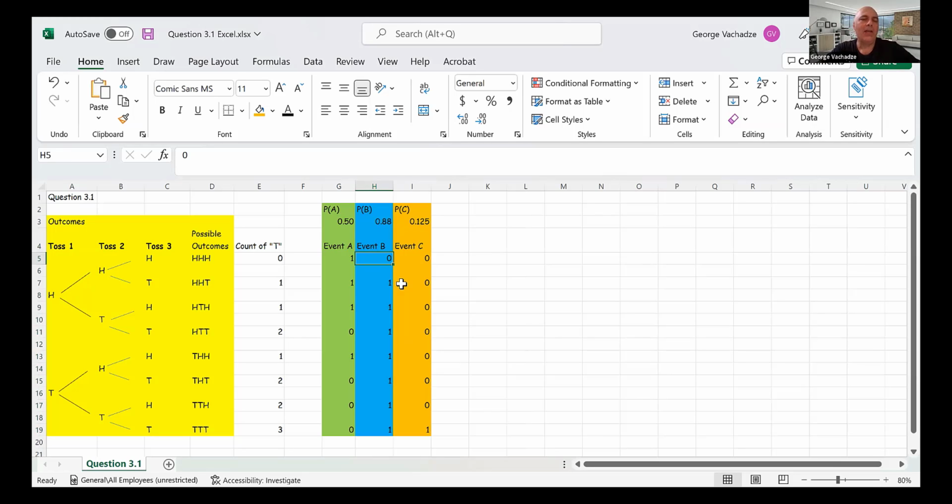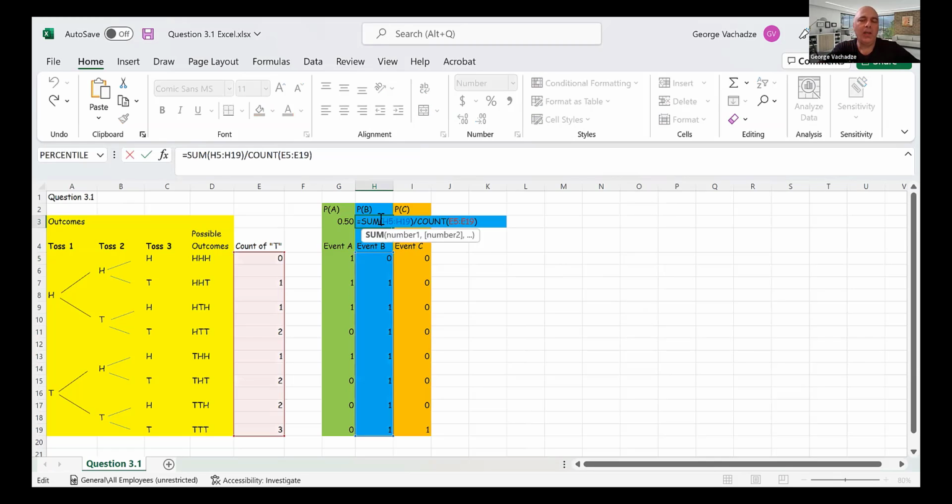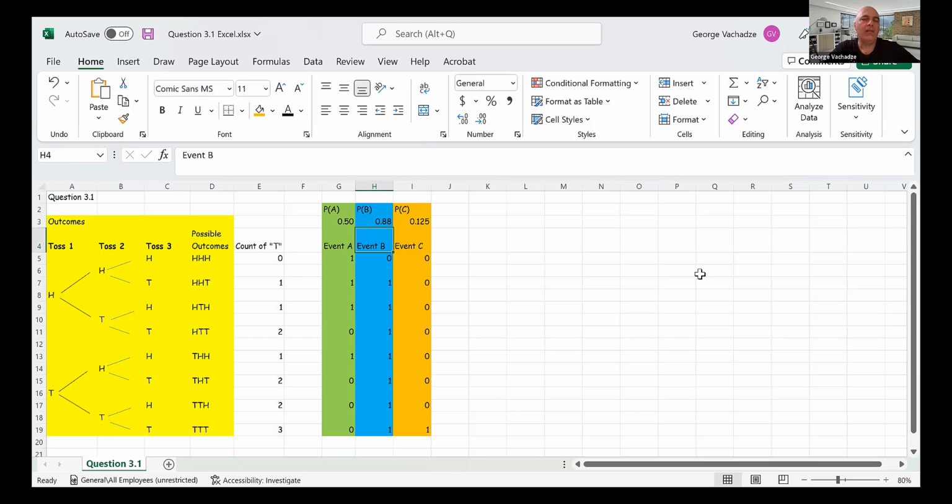In all other cases, we have event B occurring. So we again use the same strategy to calculate the probability of B. We sum up the indicator function, which is how many ones we get in column H, which is 7, and divide by the total number of all possible outcomes, which is 8, and the answer is 88%.